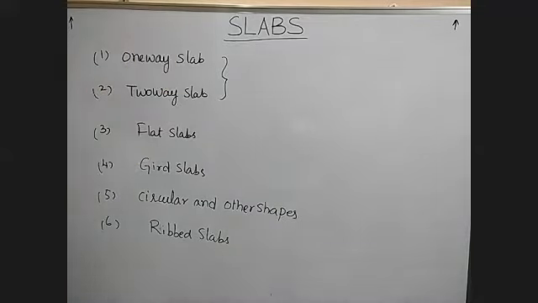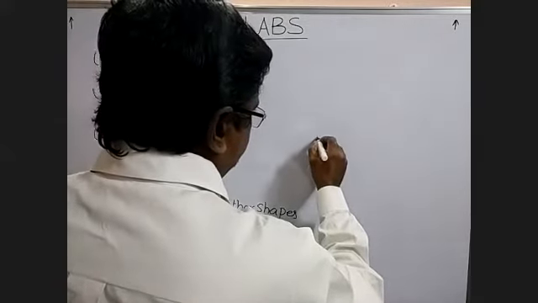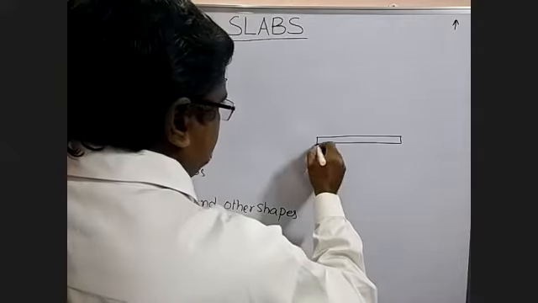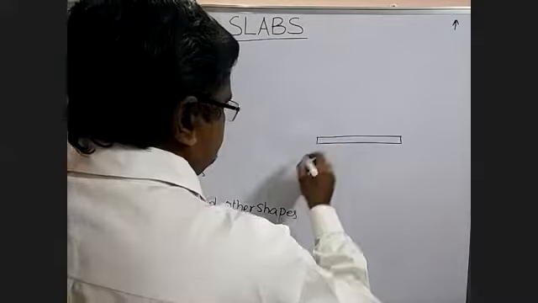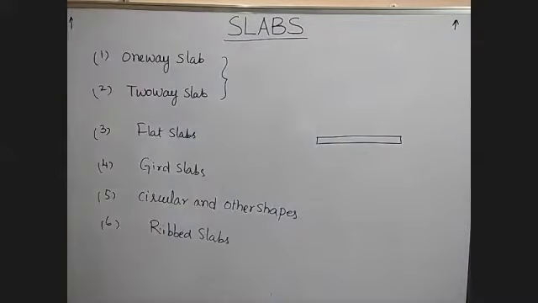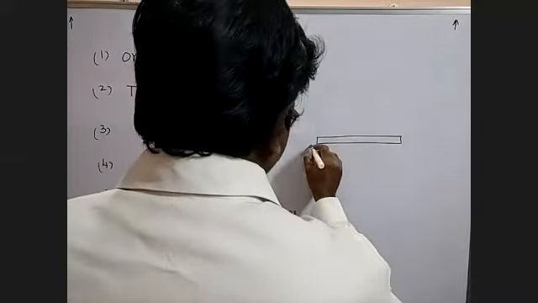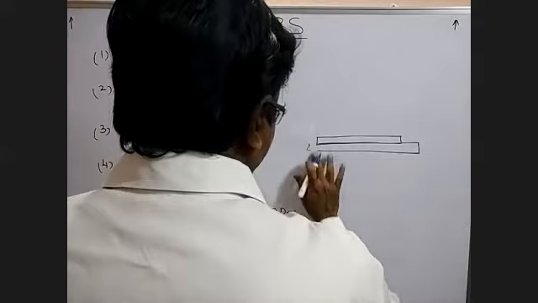Here we have a flat slab. That means, see, for the slab, if you observe in the classroom or in your residential building, you have a beam like this. You have a beam here, over this the slab is placed.